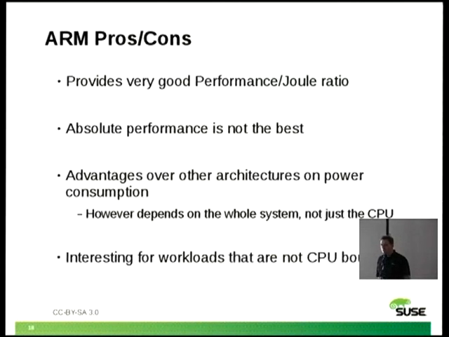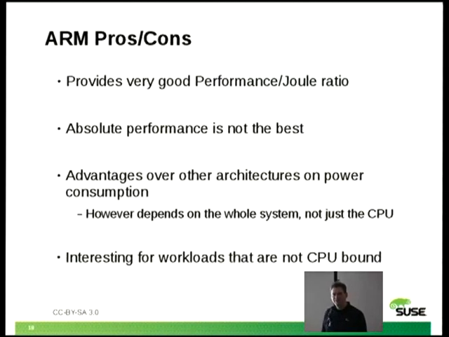So first I want to go a bit into the pros and cons. The overall marketing factor of ARM is that it provides a very good performance per joule ratio. That means it doesn't use a lot of power for what it can do. The absolute peak performance is not extremely high. So if you're looking for the fastest architecture, then ARM is probably at the moment not the way to go.